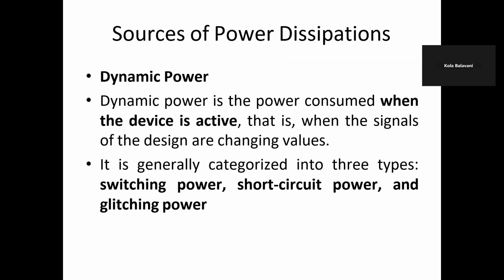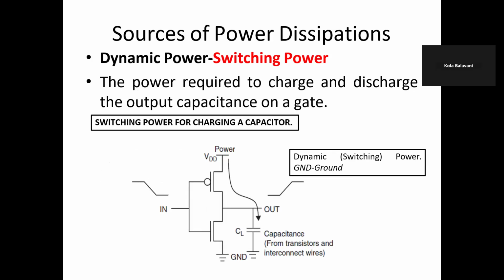Whenever the device is taking the input value and producing the output, it is doing some operation. Majorly it is categorized into three types: switching power, short circuit power, and glitching power. The dynamic power is also called active power, meaning the device is in the active state.